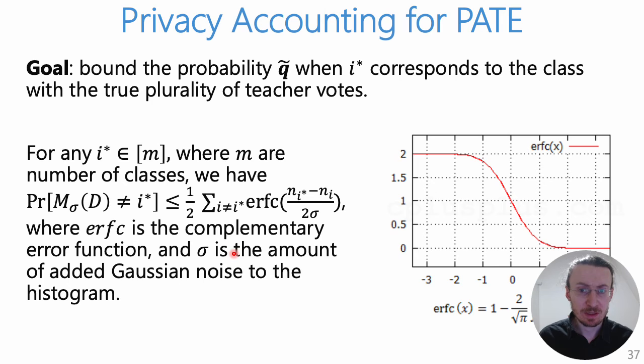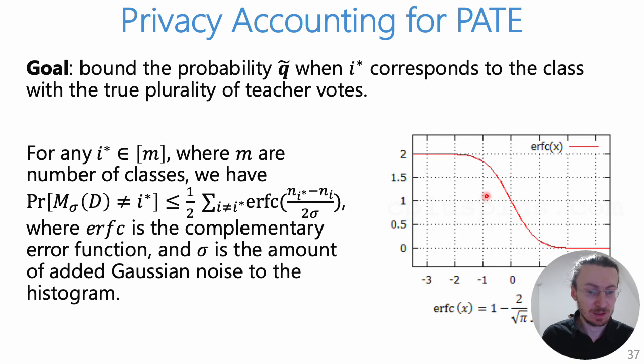However, in the worst scenario, there is another class that has equal or higher vote count than the correct class, and then the probability of failure approaches 1. So how it works is, for example, if n sub i star is equal to, let's say, 100, but n sub i is equal to 99, then basically this is 1. And then for 1, we still see quite a large probability of, let's say, 0.2. If the number of votes for the correct and incorrect class are equal, then this number would be 0, and then we have probability 1.